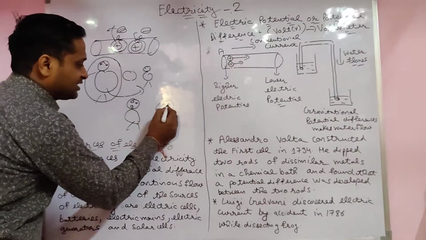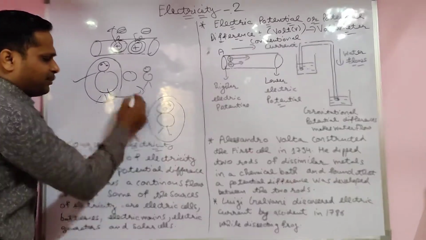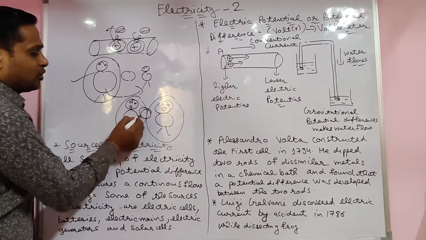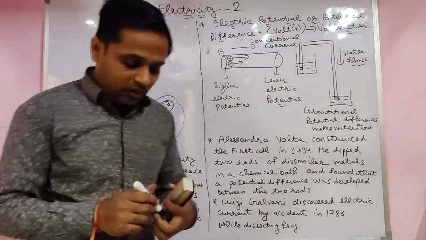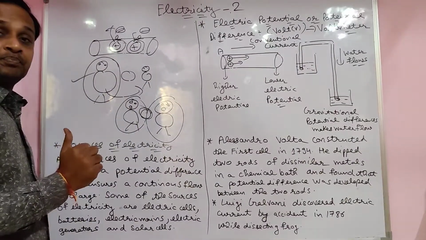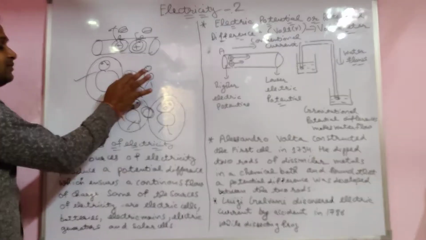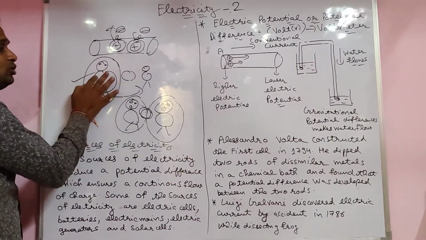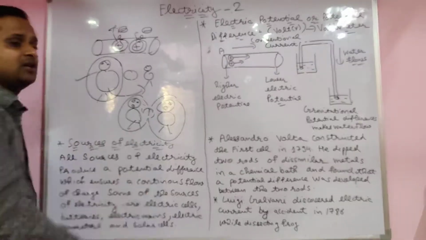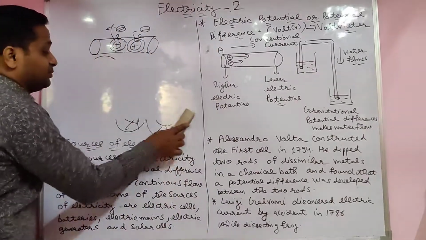But if both have the same weight, same potential, and the toffee is there, then no result will come. Only with a potential difference, one has more potential and one has less potential, the toffee moves from this place to this place. If both potentials are the same, nothing moves. This is an example only. Potential difference is the main thing.